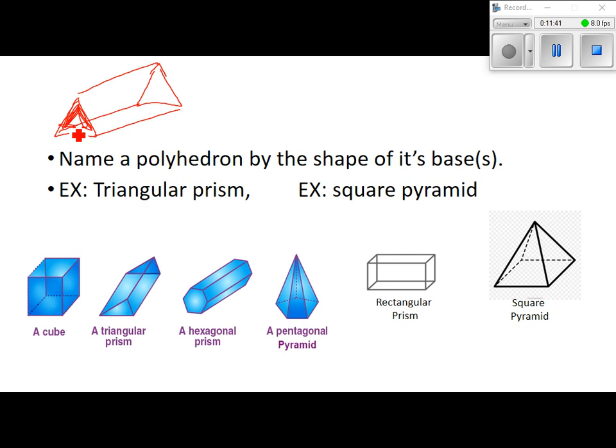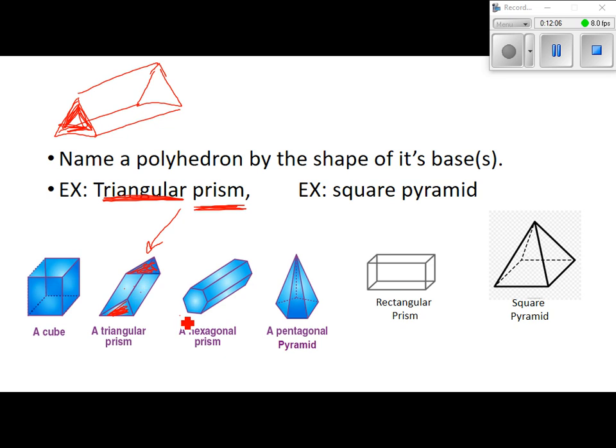That base is a triangle, so it's called triangular, and all the other faces are rectangles, so it's a triangular prism. And it's just like this one right here. That's a triangular prism. This is a base, that's a base. Notice that the other three faces are rectangles.